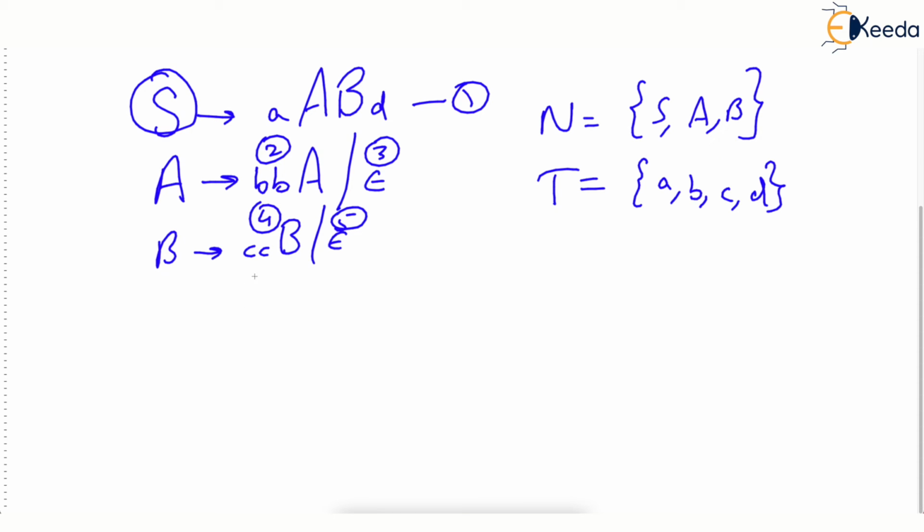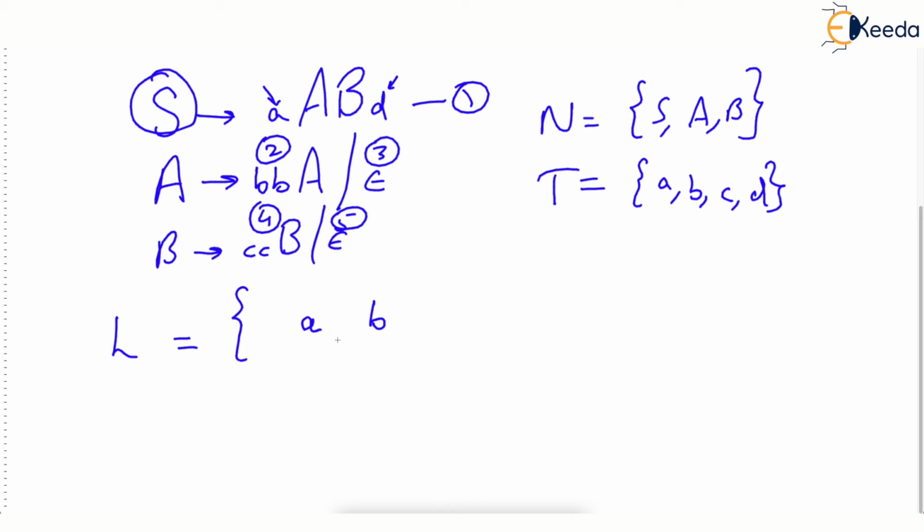Now, which type of strings does this language generate? If I write the language generated by this grammar, you can see all the strings must begin with A and end with D. Whatever it is, the first letter will be A and the last letter will be D. And in between, just check my words, there can be an even number of B's followed by an even number of C's. There can be 2 B's, 4 B's, 6, 8.